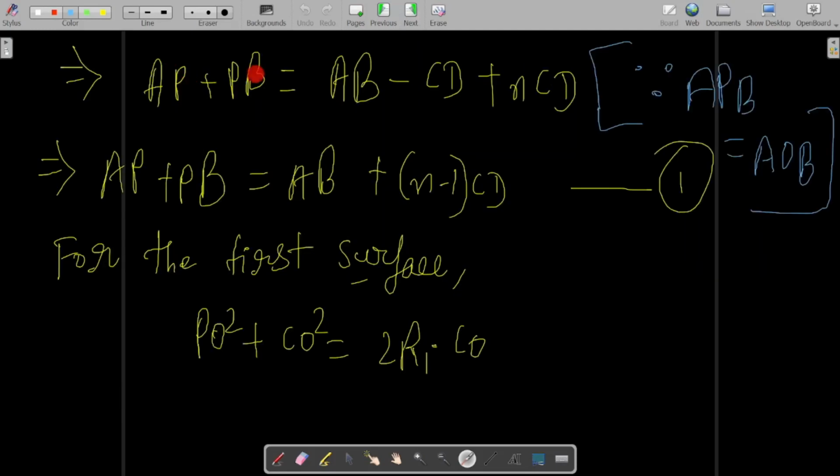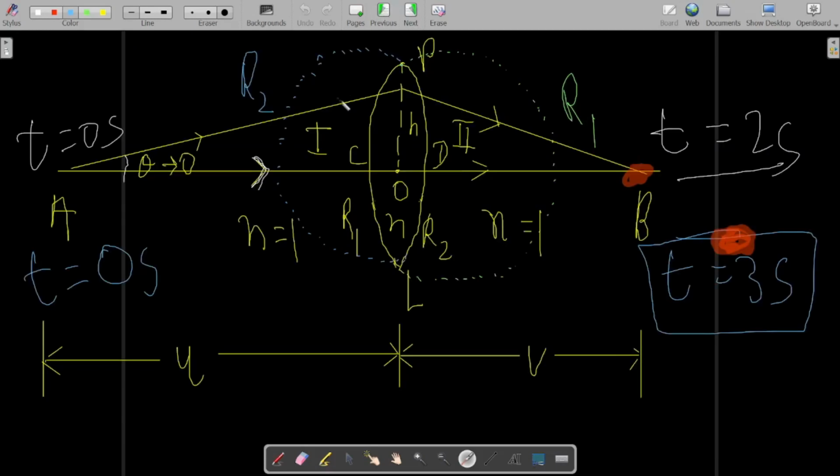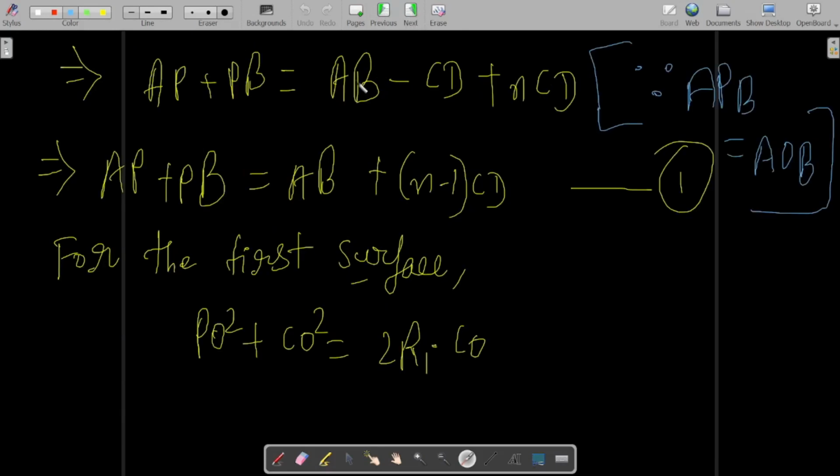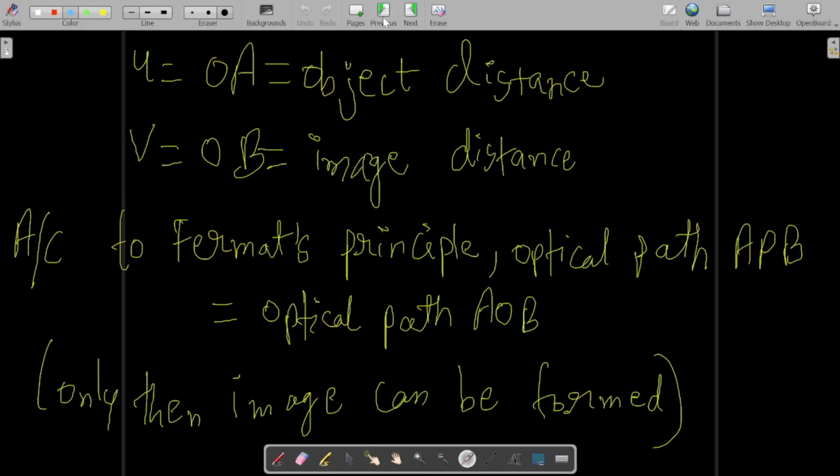So AP plus PB. Now AOB, just look at AOB. Have a look at the expression which we have with us: AB minus CD plus N times CD. Now what is AB minus CD?